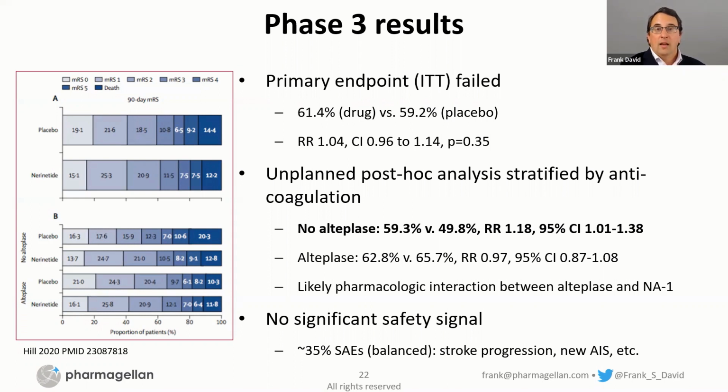It would have been more worrisome if they just analyzed these two populations and couldn't come up with a plausible reason why the drug worked in one of them and not the other. But here, there at least is a plausible story that they can tell from a scientific, pharmacologic point of view.